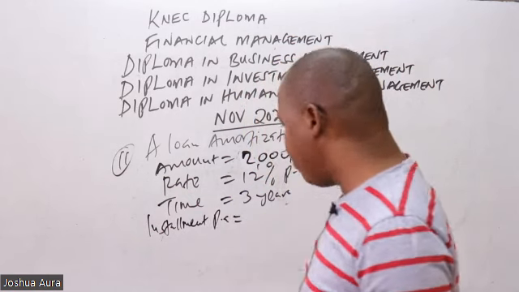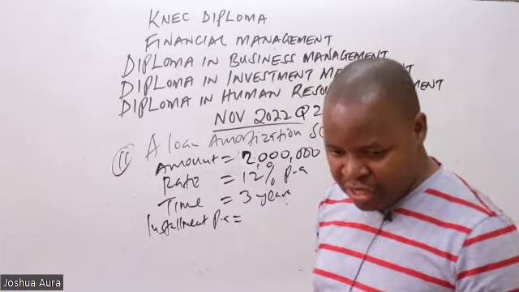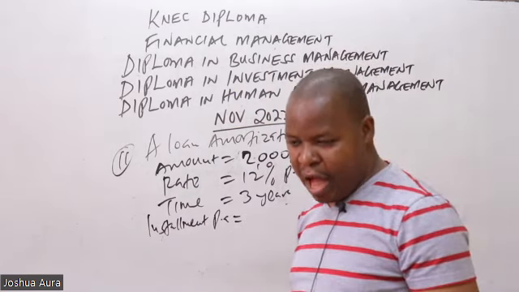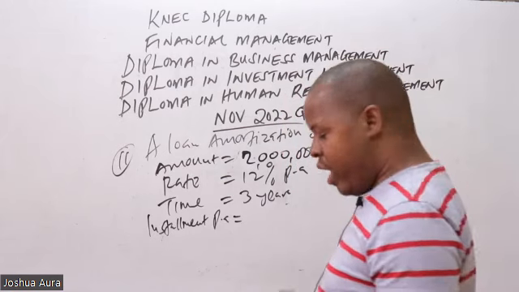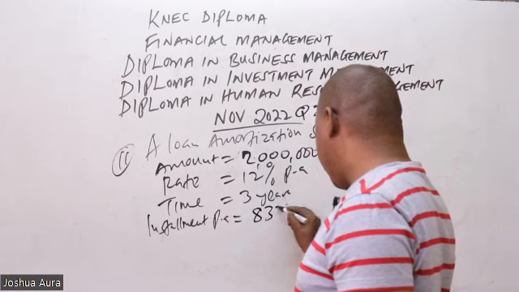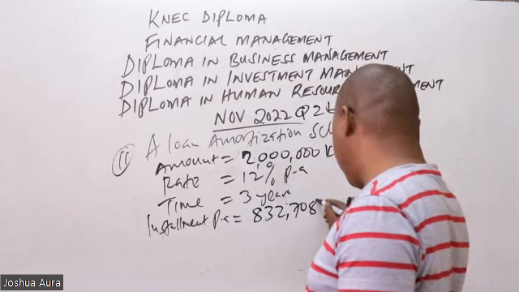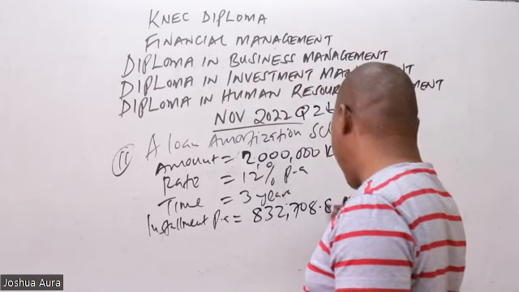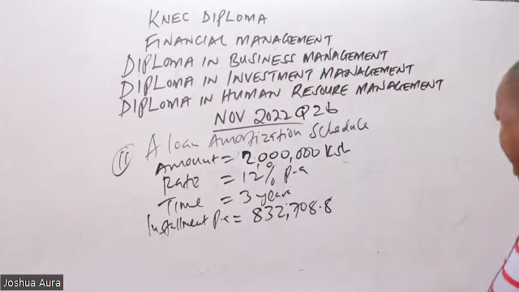What figure have we got? I believe it was 832,708.8. That was our installment per annum.